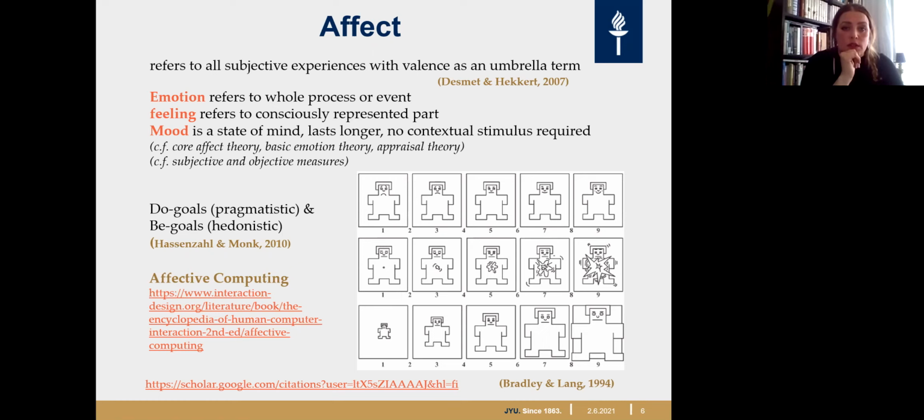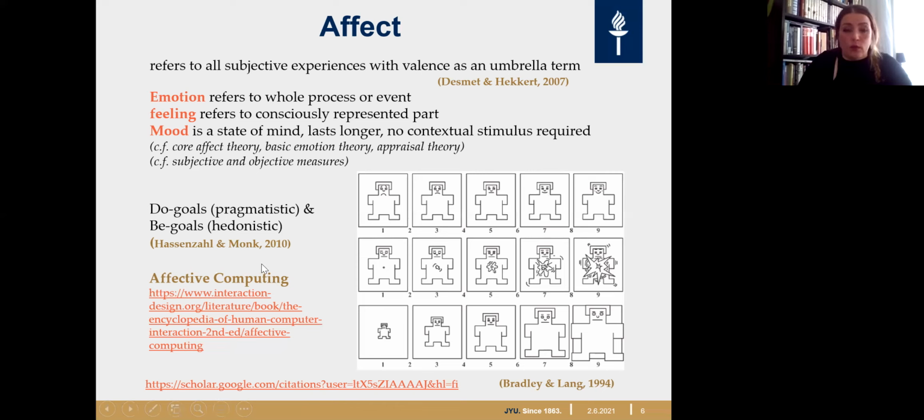There are different methods developed in understanding it, and maybe the most central authors in this are, for example, Marc Hassenzahl, who has divided the process into pragmatic and hedonic components that have different kinds of goals. This also can be seen to highlight more cognitive aspects and more affective aspects.